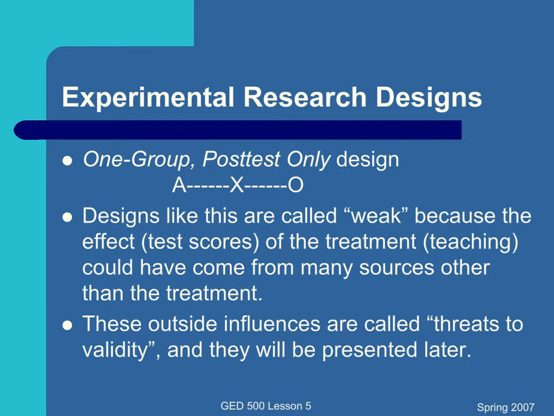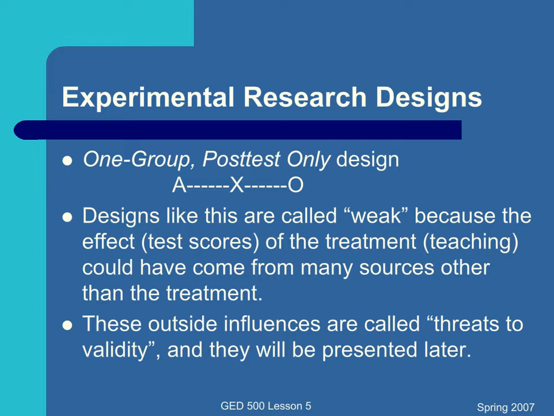So for these types of designs, the A, X, and O, this one group post-test only design, this is considered a very weak design because the effect of this treatment could have come from a variety of sources other than the treatment, right? So if we're looking at this treatment of giving students support with percentages, there could be a lot of different reasons that they're doing better or worse on that particular subject when you're assessing them.